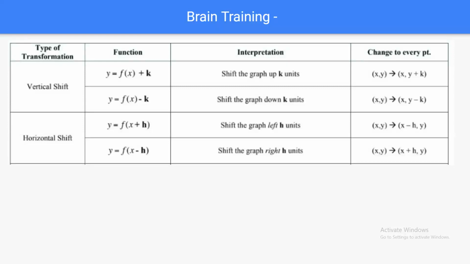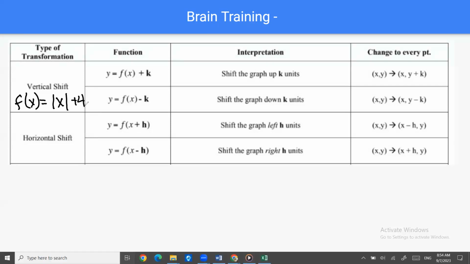Here I took a screenshot of the first part of our handout. This is vertical shifting and horizontal shifting, right? So an example of vertical shifting would be f of x equals absolute value of x plus 4, right?